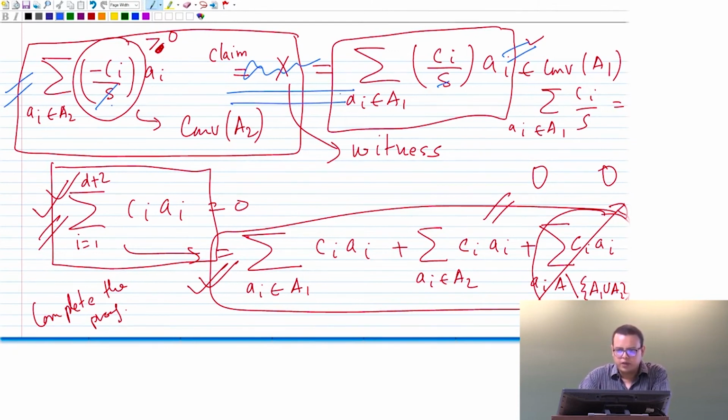Now I divide both sides by S. Once I bring in S, this point will belong to the convex hull of A1. Once I bring in S, this point will belong to the convex hull of A2. So that is why I found a point that lies in the convex hull of both. Okay, so one thing you can try, can you think of some other generalizations?